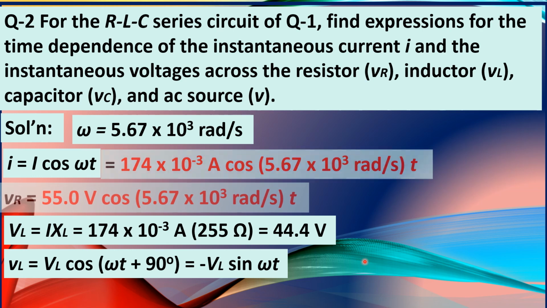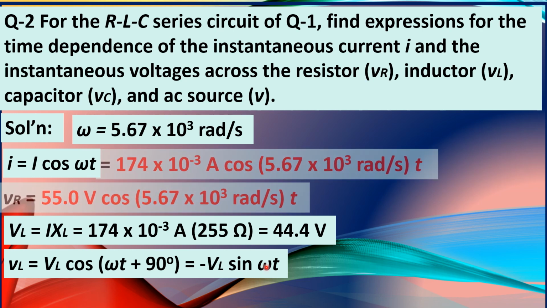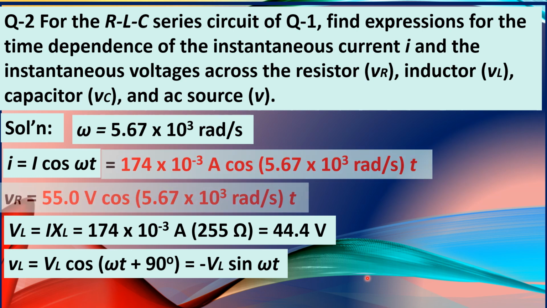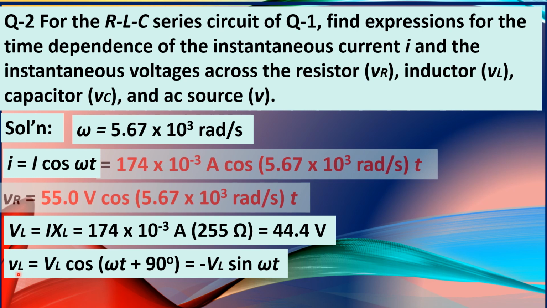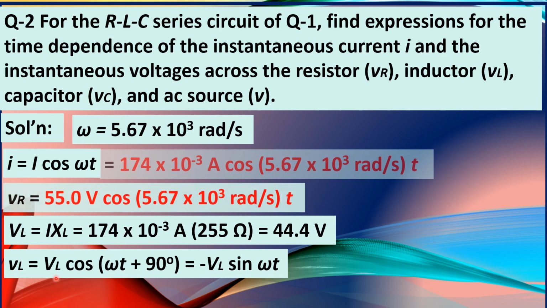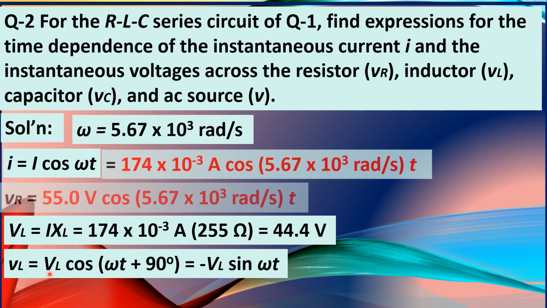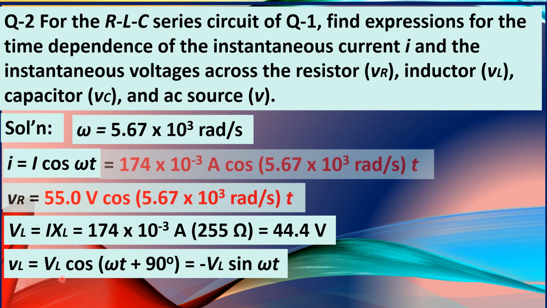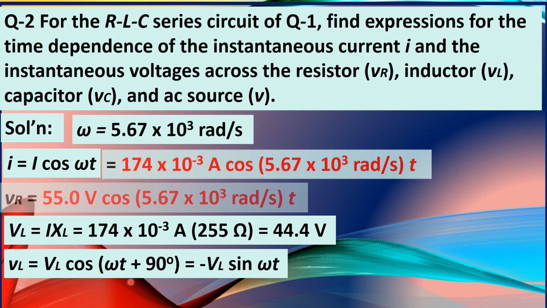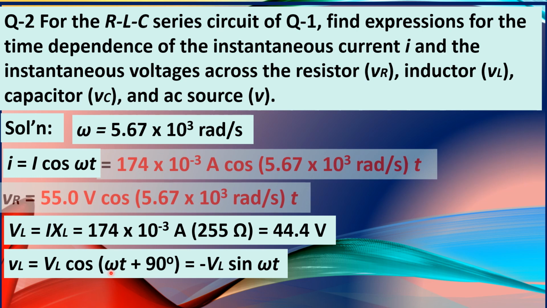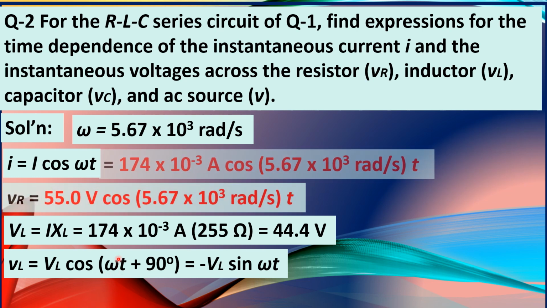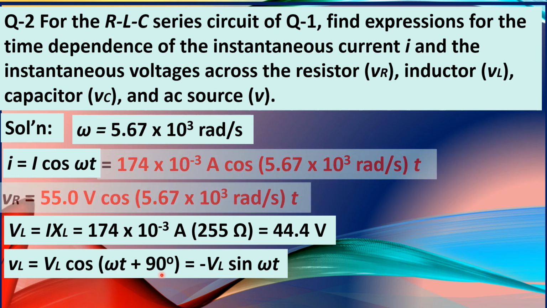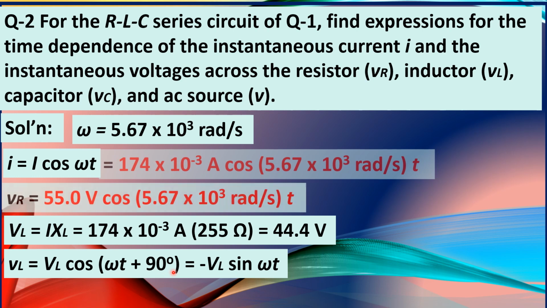So we can now determine the instantaneous voltage across the inductor, small letter v sub L. That's equal to big V sub L, the voltage amplitude across the inductor, multiplied by the cosine of omega t plus the phase angle phi, which is positive 90 degrees.